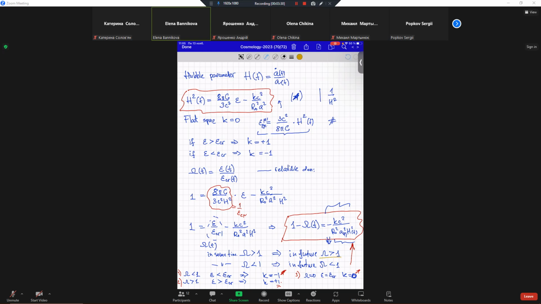So this is space with a negative curvature, positive curvature, and flat space.